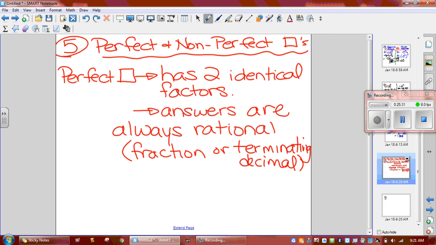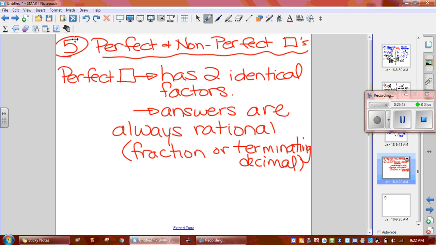So those are other features of perfect squares. Their answers are always rational, meaning they're in a fraction form or can be put into a fraction over 1, or they have terminating decimals, decimals that end.